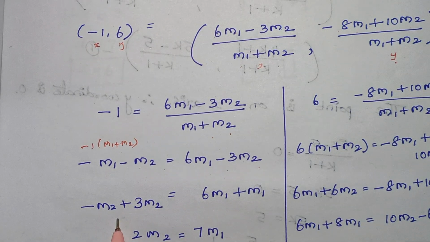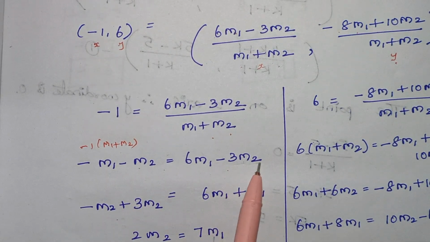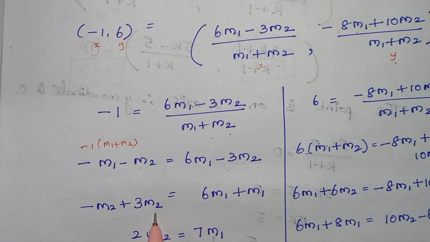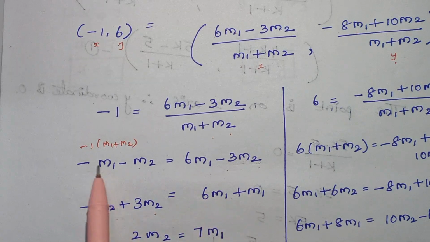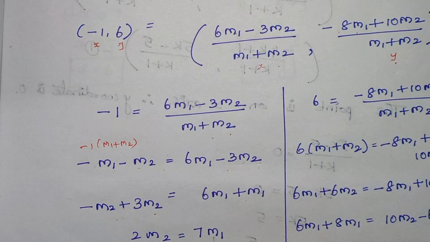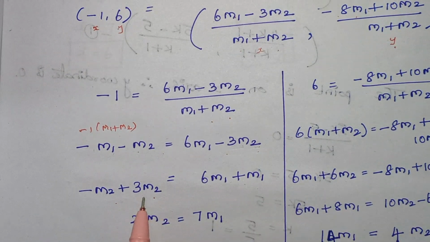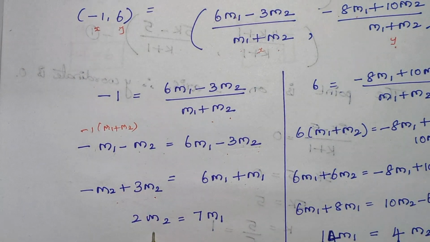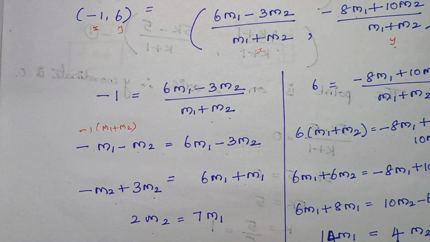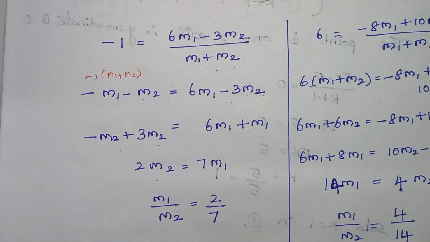So here it is minus m2, and when you move this minus 3m2 to the left hand side, that becomes plus 3m2. Here 6m1, and I am moving this minus m1 over here, so it becomes plus m1. When you simplify, 3m2 minus m2 gives 2m2, and 6m1 plus m1 gives 7m1. Therefore, the ratio m1 by m2 is given as 2 by 7, right?